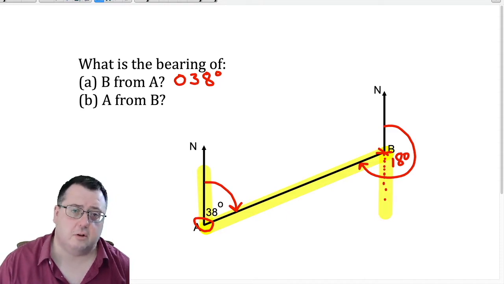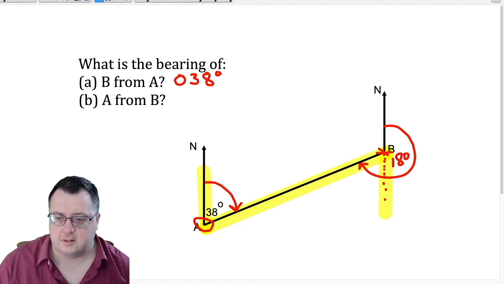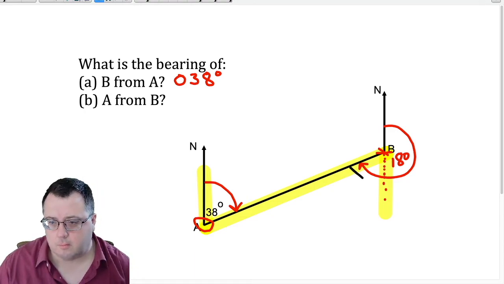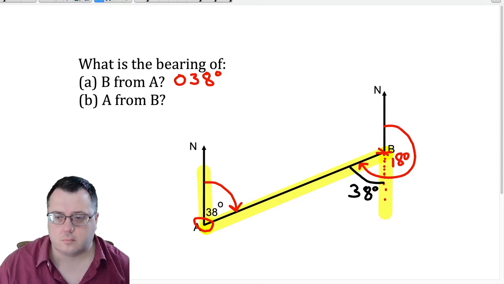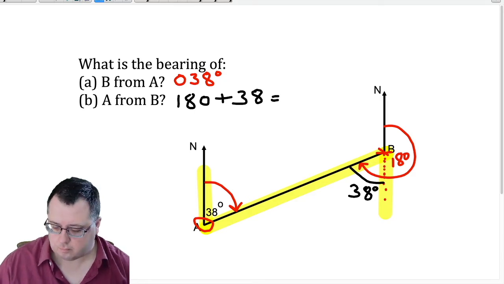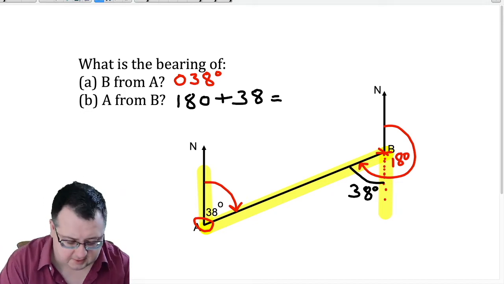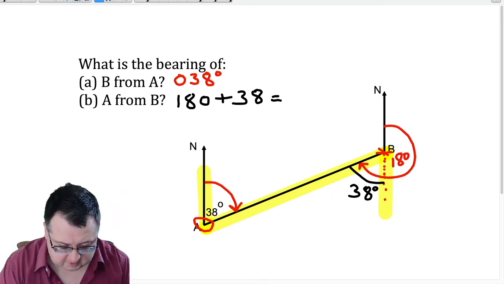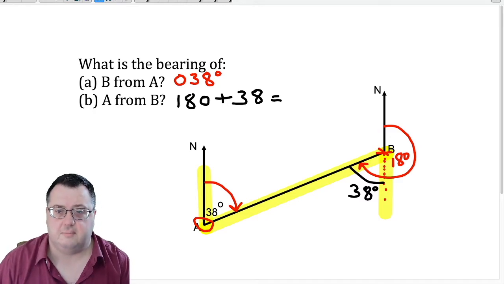Alternate angles are equal, which means that this angle here is going to be 38 degrees as well. 180 plus 38 is going to be A from B. If I put this in on my calculator, 180 plus 38, 218.